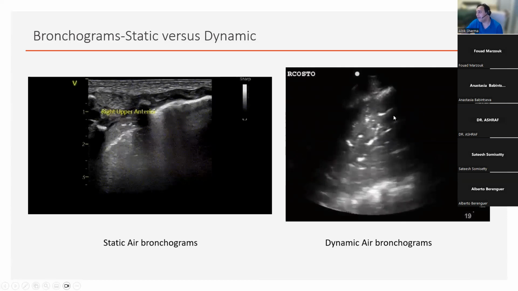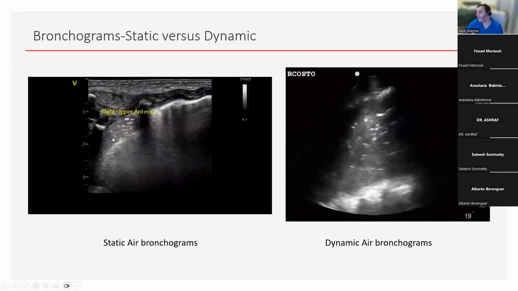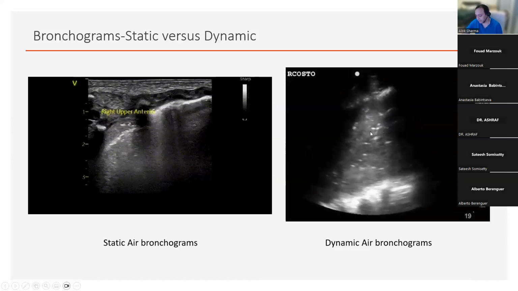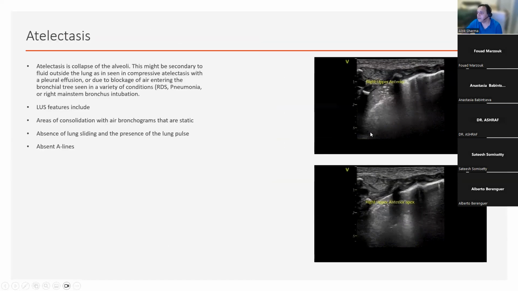And this is a dynamic air bronchogram. Air trapped in this particular area, static air bronchogram, is commonly seen in collapse consolidation. But if you start seeing dynamic air bronchograms, or dynamic exudative bronchograms, which appear slightly darker, then from our perspective, that tends to favor a pneumonic consolidation.